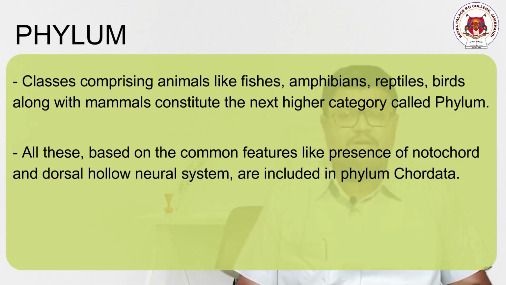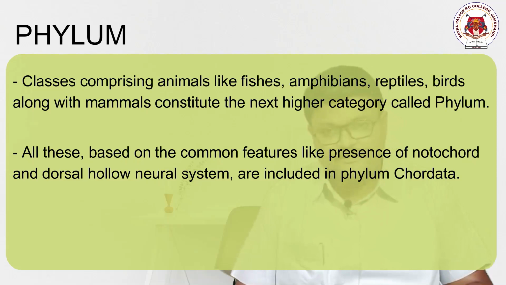We cannot say that there is only one kind of explanation for phylum, because phylum is not a small topic. It includes a lot of different organisms. So depending upon the different sections of the species, they are divided into different phylums.